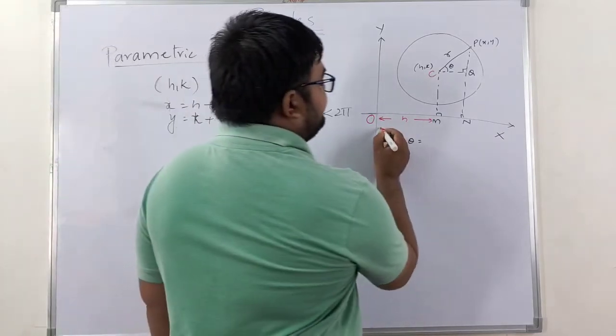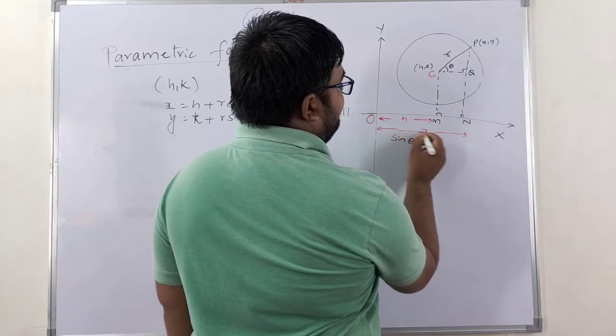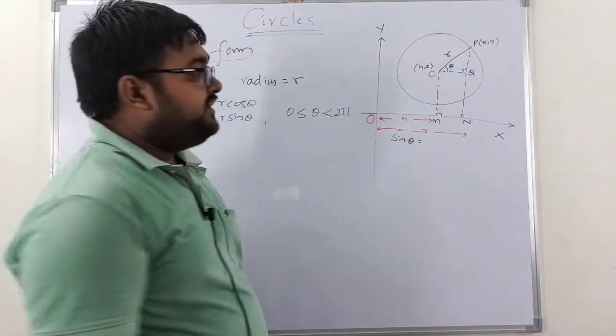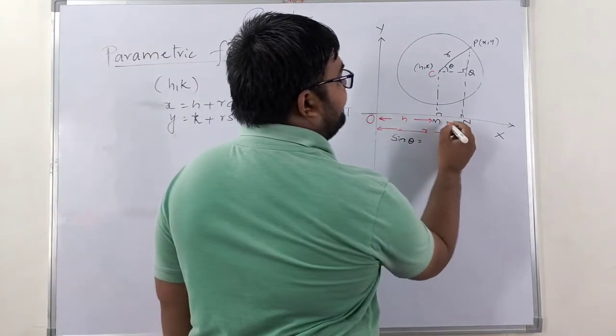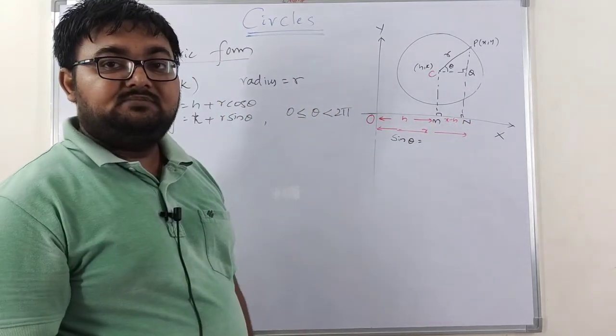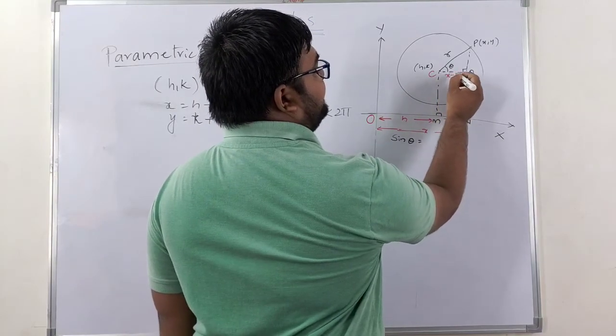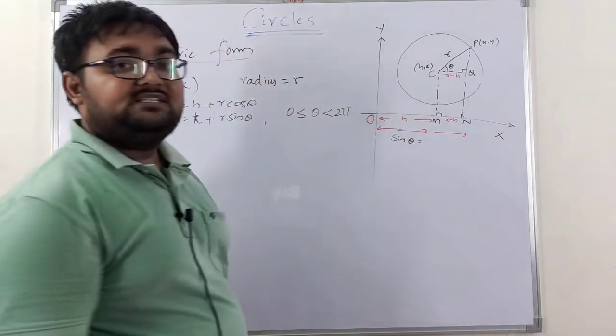Next, what about this distance? This distance is some x, right? If I want to find the distance MN, MN is nothing but x minus h. The distance between M and N is x minus h. Automatically this also becomes x minus h.